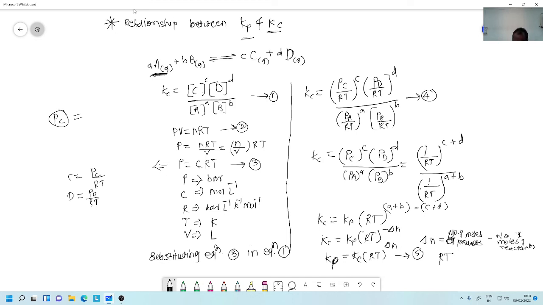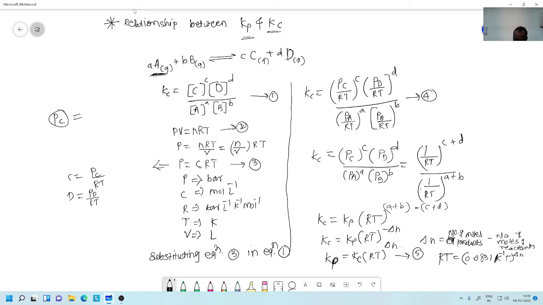Therefore, we know that the value of R is 0.0831 and the unit K raised to minus 1, T raised to delta n.